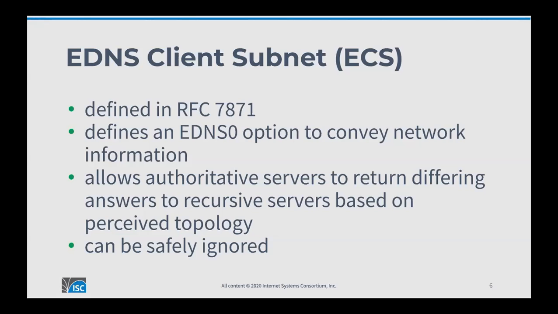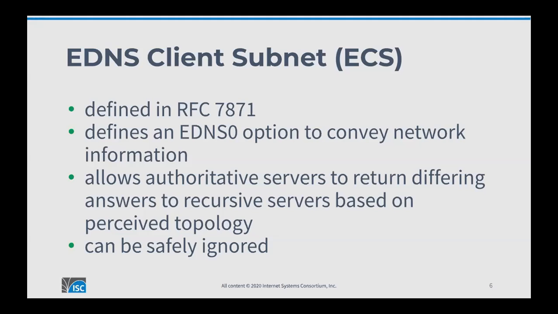EDNS, very quickly, is extension mechanisms for the DNS. Many of you will know it in terms of its encouragement for deploying DNSSEC. In the old days, the original design of the DNS limited messages over UDP to 512 bytes, and EDNS was a mechanism by which you could extend that to 4096 bytes.